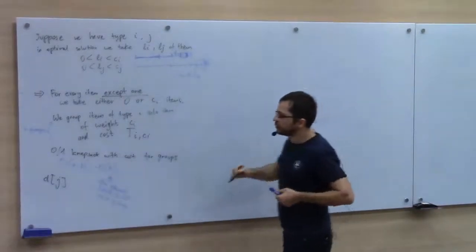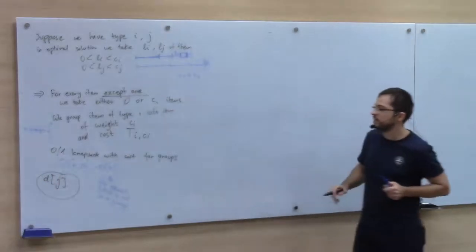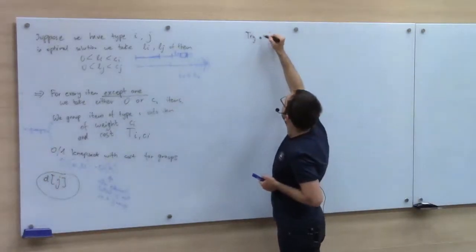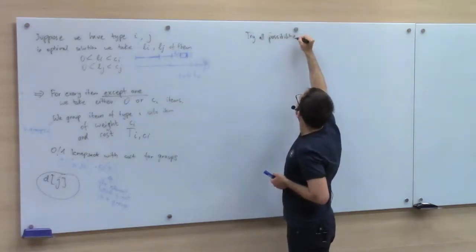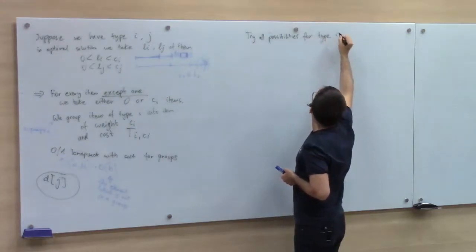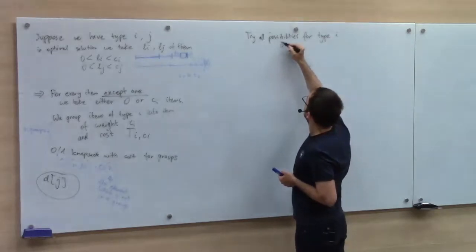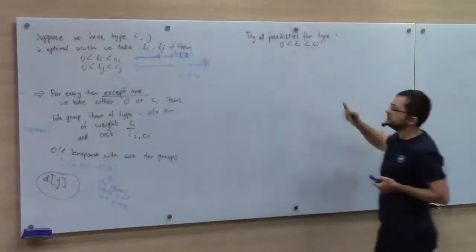We have calculated the knapsack for all the elements except type I, and now we try all possibilities for type I, for Li up to Ci.